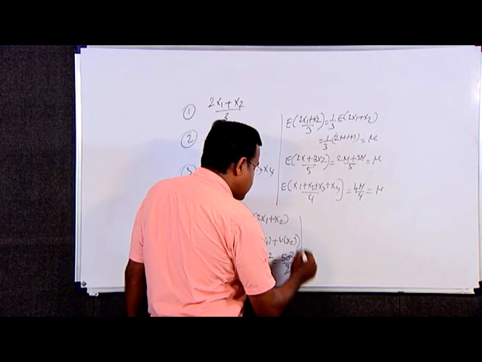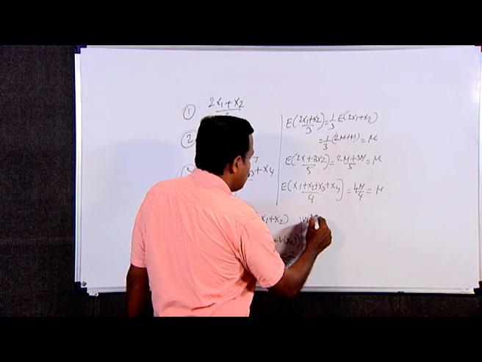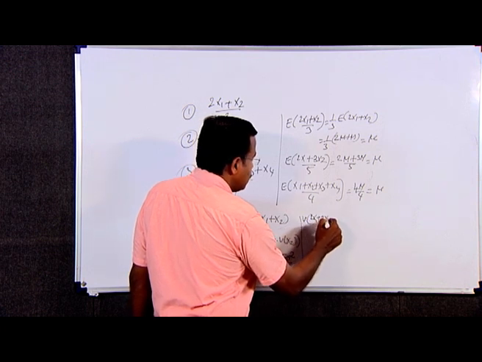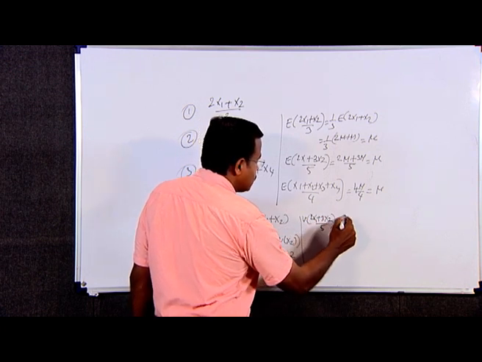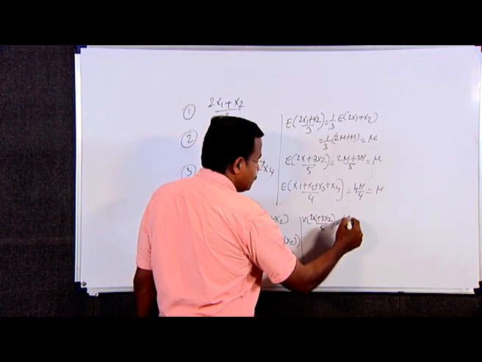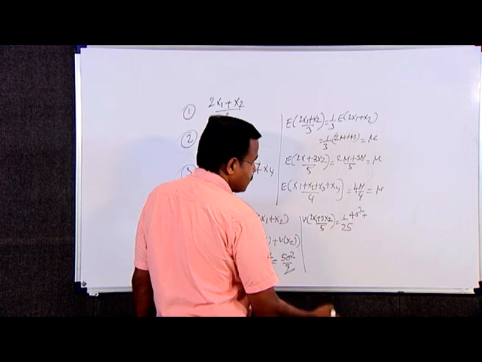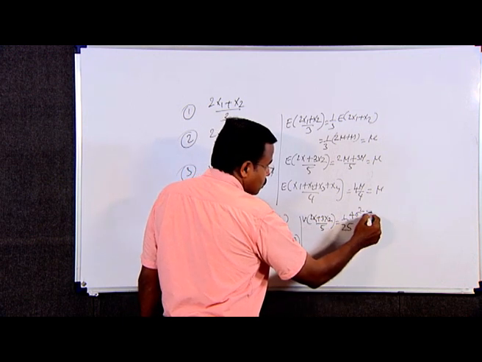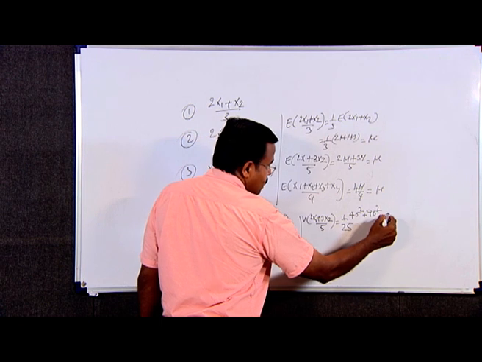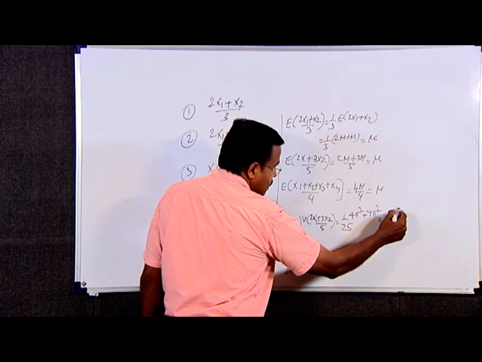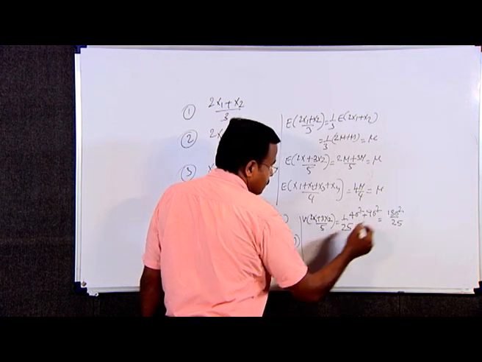The variance of the second unbiased estimator, that is variance of 2x1 plus 3x2 divided by 5, is 1 by 25 into 4 times variance of x1, that is 4 times sigma square, plus 9 times variance of x2, that is 9 times sigma square, that is equal to 13 sigma square divided by 25.